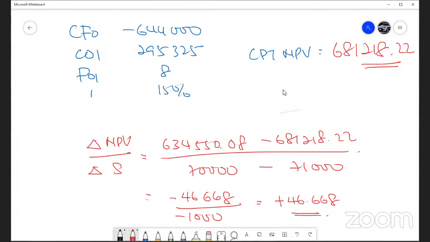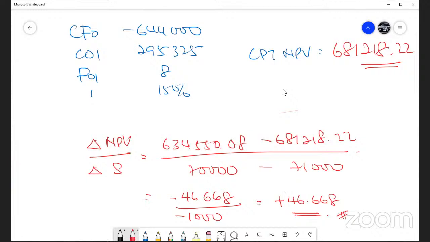Okay, this shows every 1 unit growth. This is 1,000 unit difference, it causes a change of 46,668. Your NPV goes up by 46,668. All right, so each unit increase on sales will give you 46.668 increase in your NPV. This is what it means. I hope you understand this. Each 1 unit increment in sales will give you an increment of NPV 46.668.